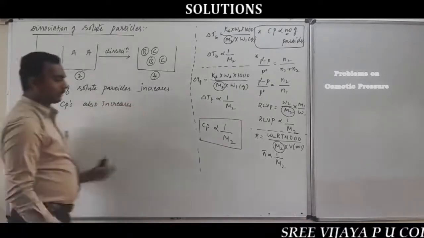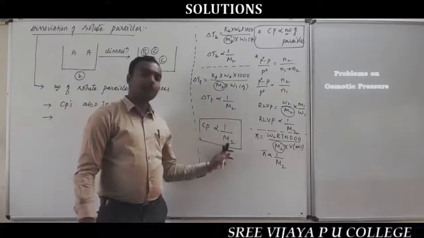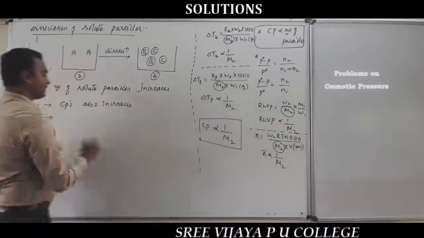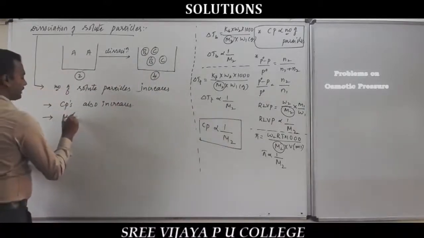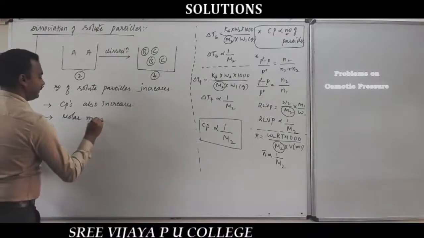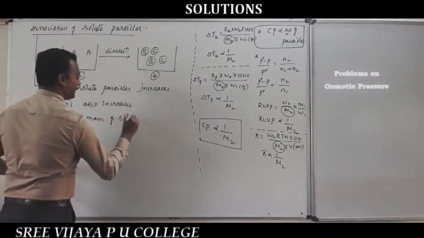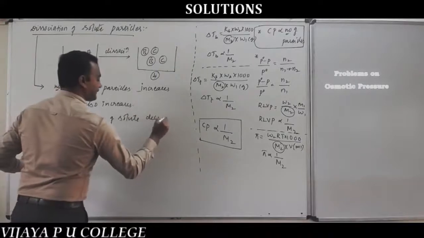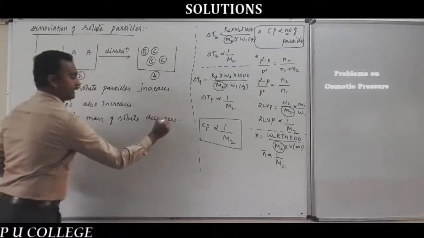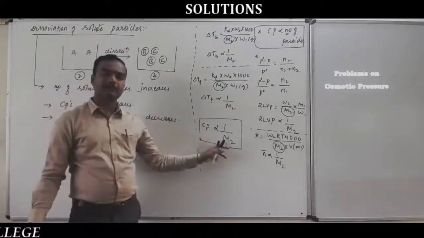But one more thing you have to remember: colligative property is inversely proportional to the molar mass of solute. Therefore, what happens to the molar mass of solute? It decreases.